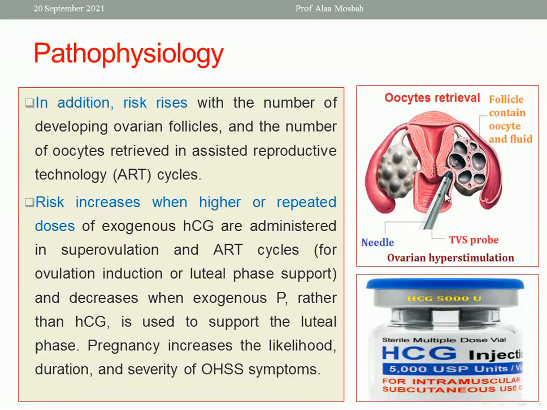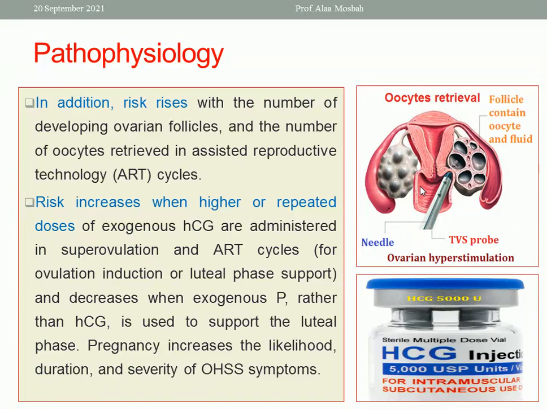So if you give the patient repeated doses of HCG, not only for induction of ovulation but also for maintaining the corpus luteum, the luteal phase, this may be hazardous due to exposure to a large amount of HCG, which induces the ovarian hyperstimulation syndrome.